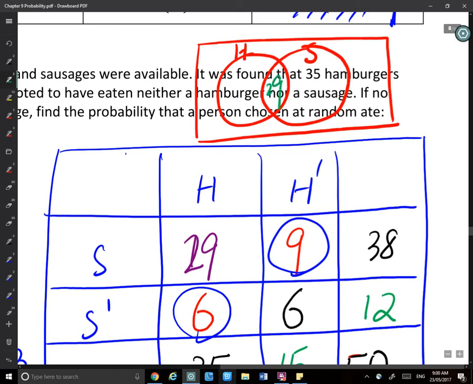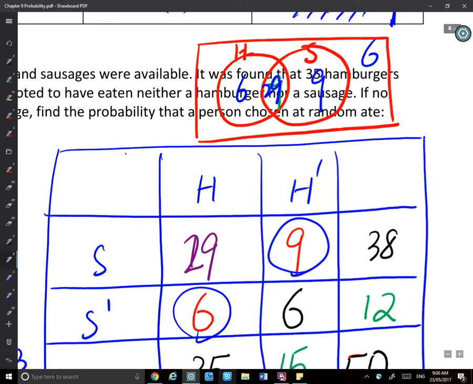Then you have H only, which will be 6, S only will be 9, and the outside will be 6. The middle number actually gives you the Venn diagram. So you can convert a Venn diagram into a two-way table, or a two-way table back to a Venn diagram.